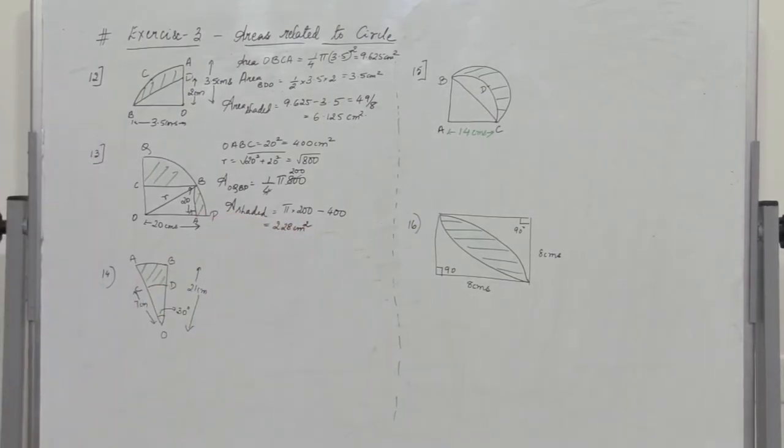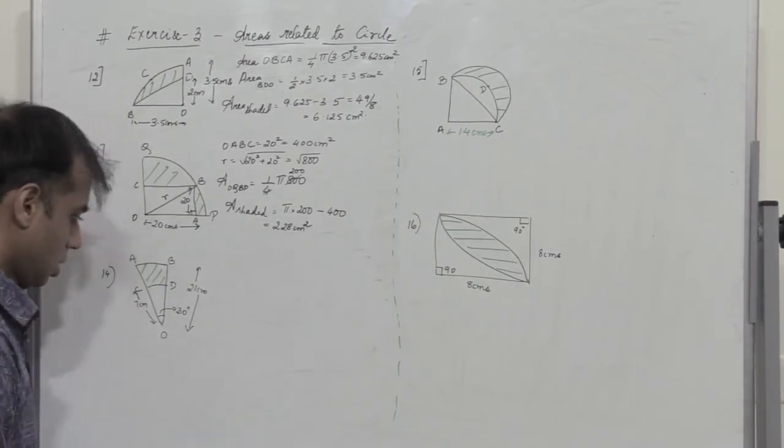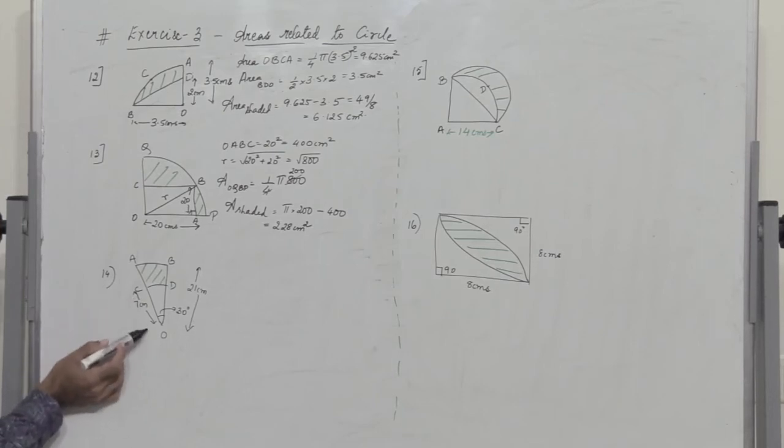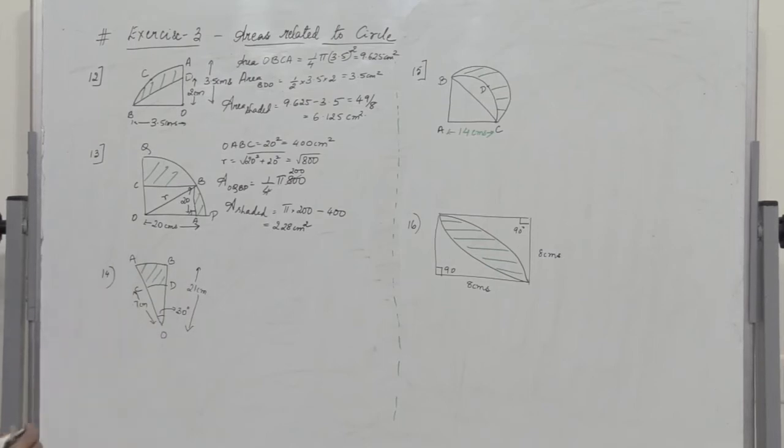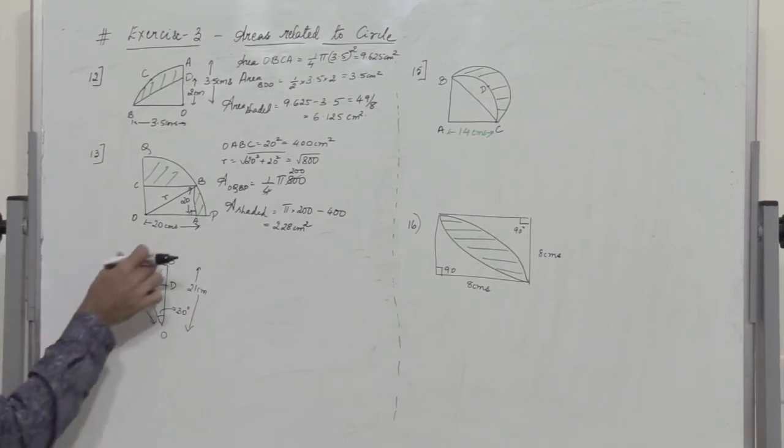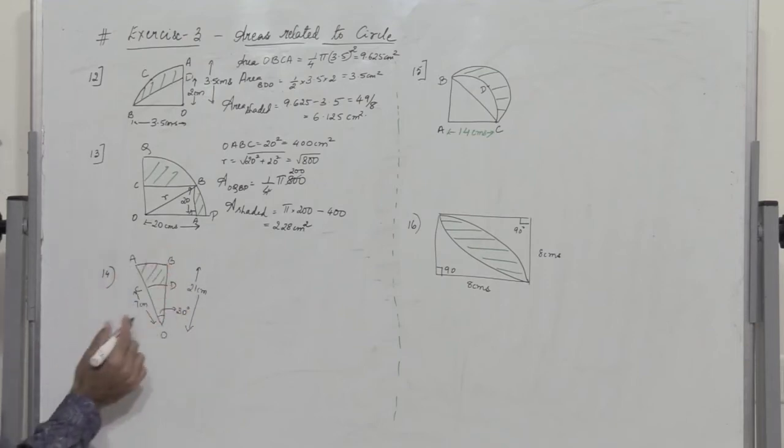Very simple problem. So problem 14, we need to find the area of this shaded region where we have the radius OC is 7 centimeters and OB is 21 centimeters, and this angle, which is common, is 30 degrees. So find the area of this sector, right?